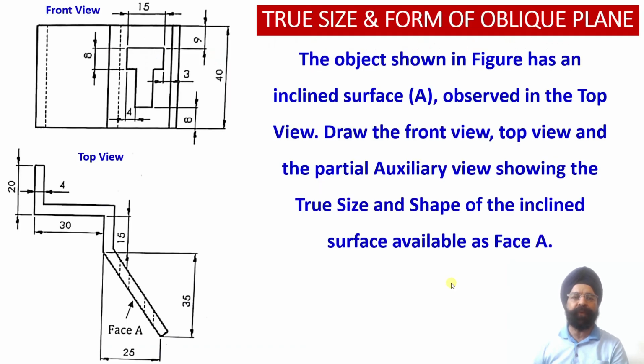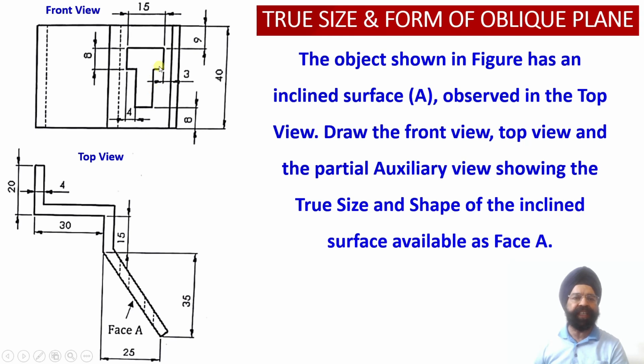Now here we have been provided with the orthographic front view and the top view projections of the solid, and we can observe in the top view an inclined edge view of a surface, and in the front view we can check that this is the apparent shape of the surface.